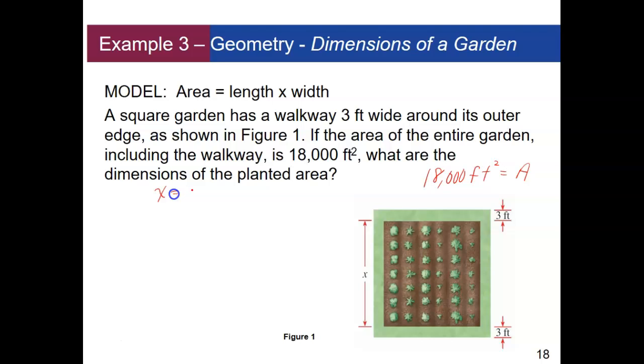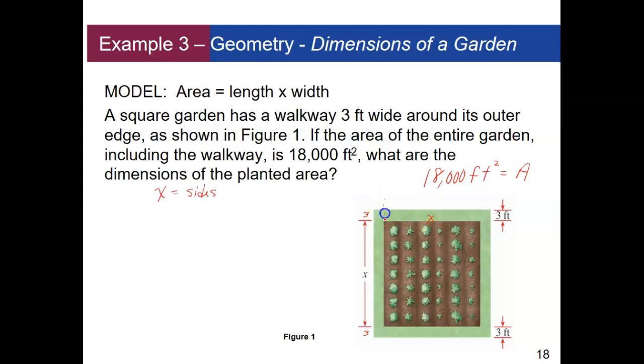So we're going to let X be one of the sides of the planted area. So this is going to be X. That means this side here is also X. We're putting a 3-foot wide walk around this. So in doing that, we're going to have 3. This will be 3.